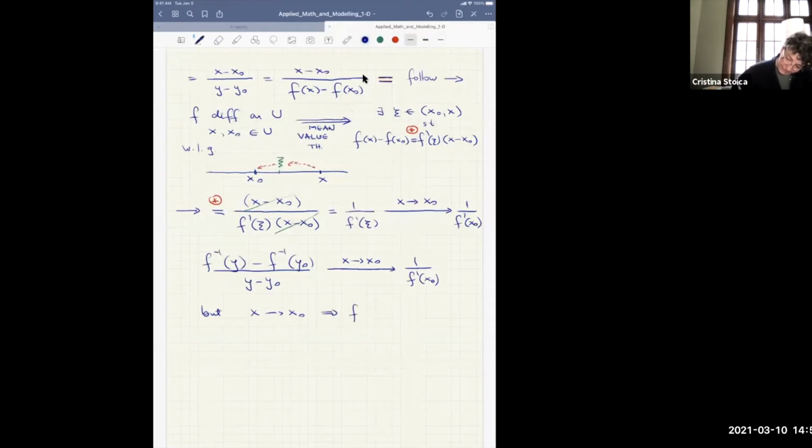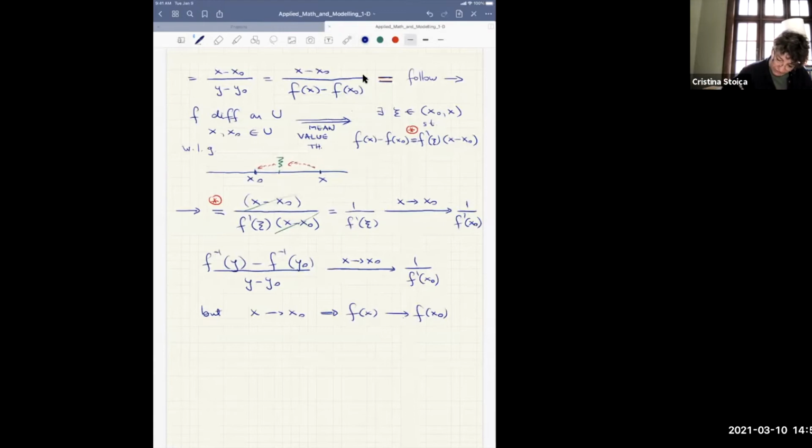Okay, so here's the argument. I'm looking for the right way to write this. x goes to x naught implies that f of x goes to f of x naught, because f is continuous and differentiable. Actually, continuous is sufficient.